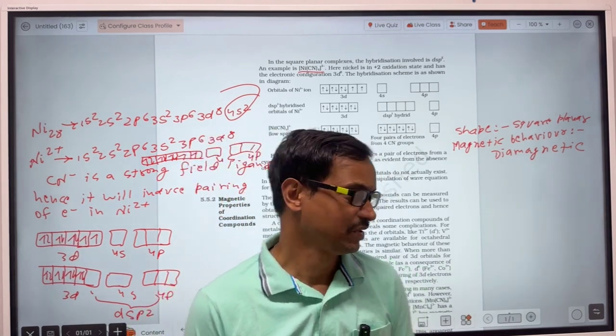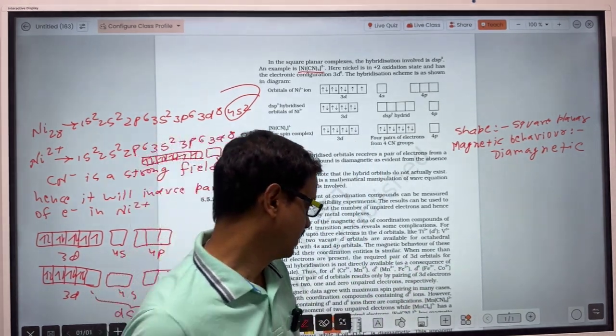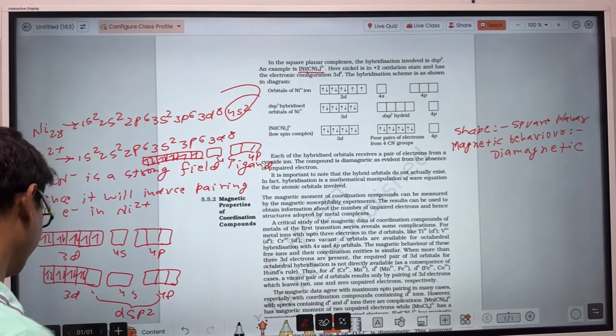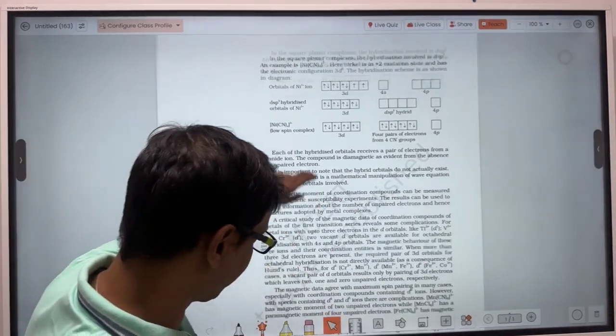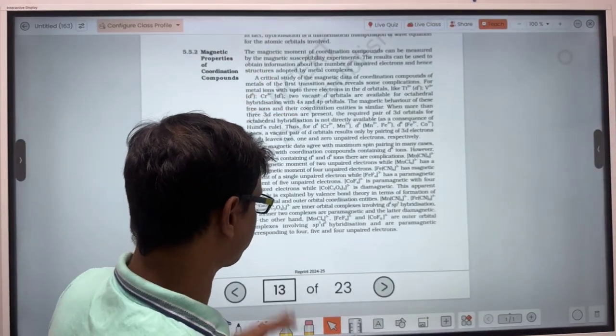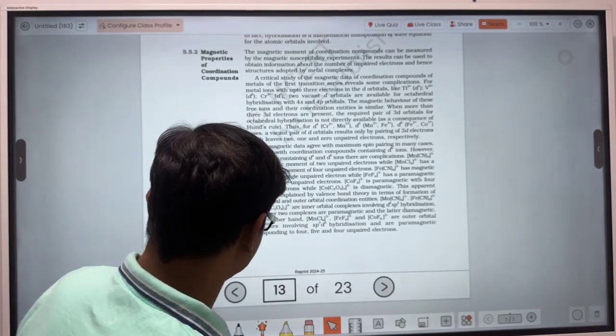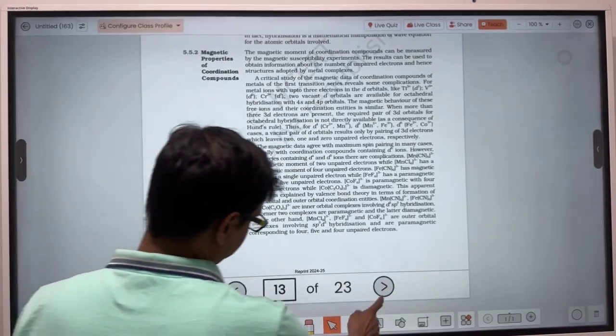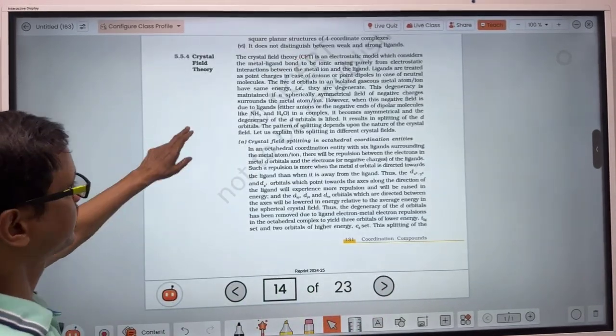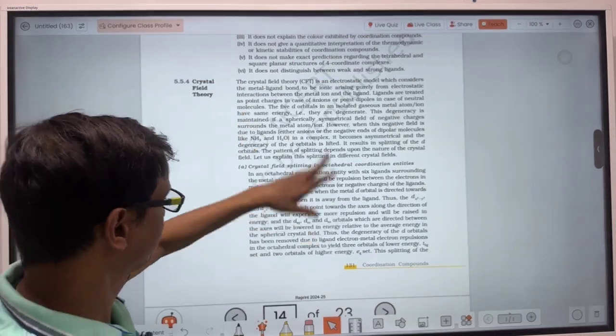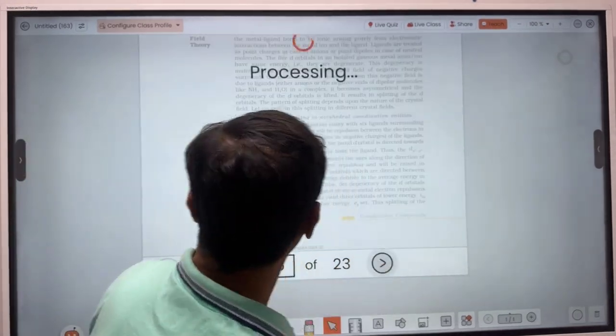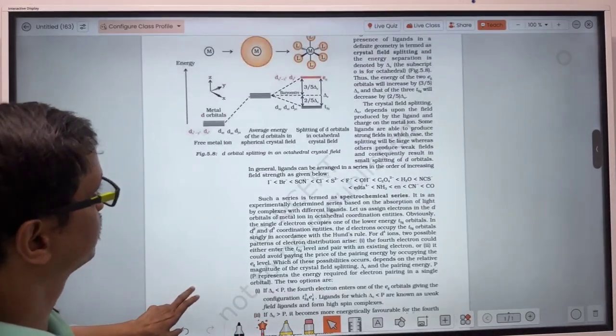In the next video we will discuss the magnetic behavior further, which I have already discussed. Then after this, the crystal field theory. Only 2 theories you will have to study, the valence bond theory and the crystal field theory.